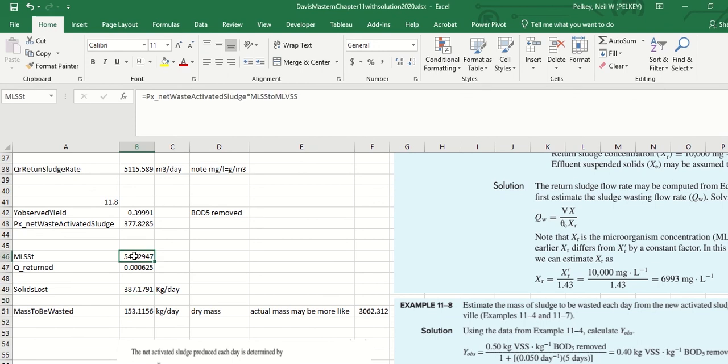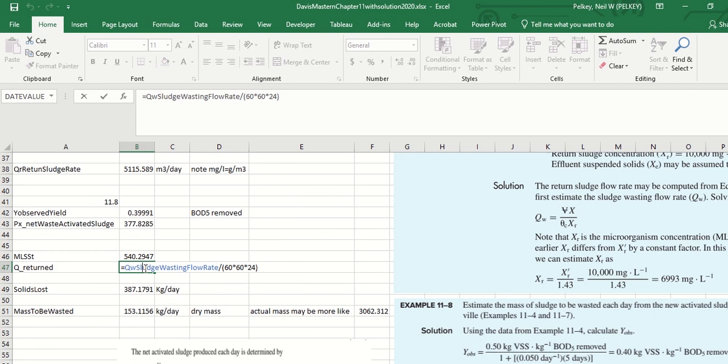So that was our wasted sludge, and we have to take away our return flow. And so that's simply our return flow per day divided by seconds in a day to put that back in cubic meters per second.